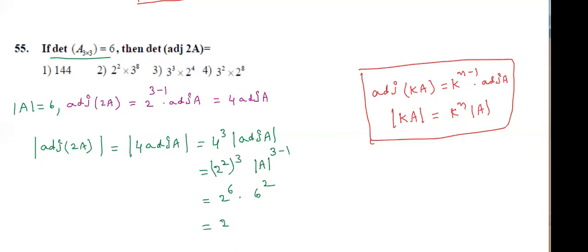We can write like this, 2 power 6. 6 I am writing 2 into 3. That means 2 square into 3 square. Overall observe this. 2 power 8 into 3 square. This is the answer. By observing the options I calculated. Which option correct? Fourth option correct.